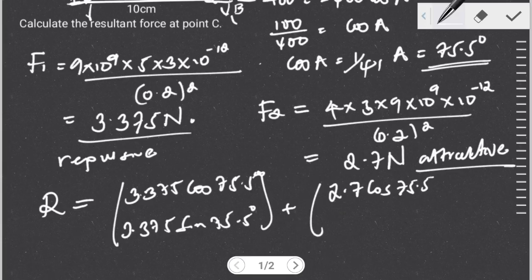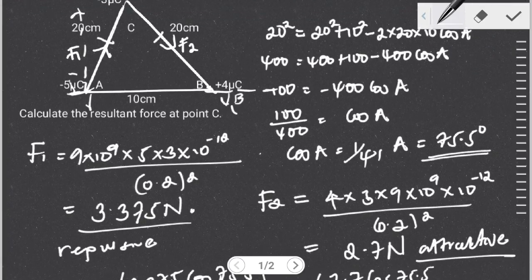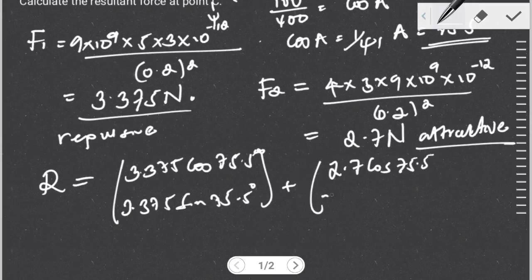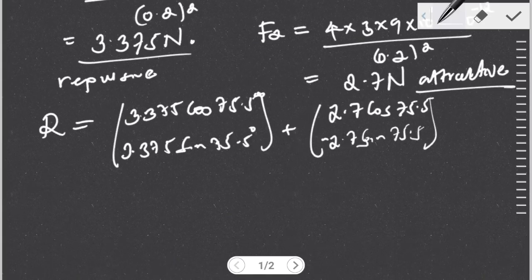But the one moving along the y axis would be negative, because it is moving towards the negative side of y, moving downwards like this. Therefore I would have negative 2.7 sine 75.5.